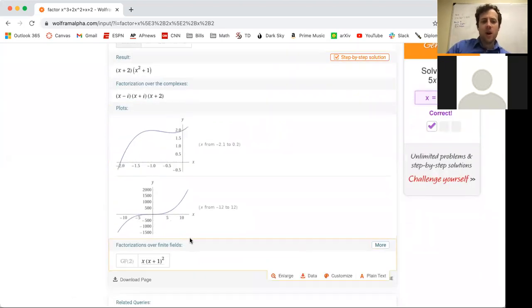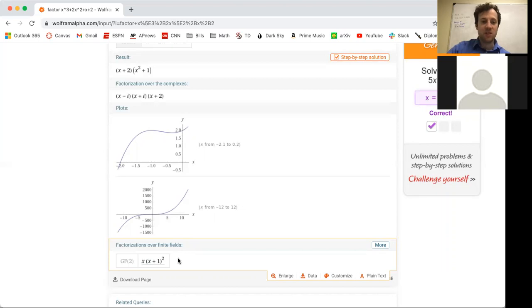A lot of times what also shows up is some more advanced things that we won't really be using. So factorization over finite fields. A finite field is a setting where you can do algebra, but instead of the infinitely many real numbers, you only have finitely many things, which some people are interested in, we are not.